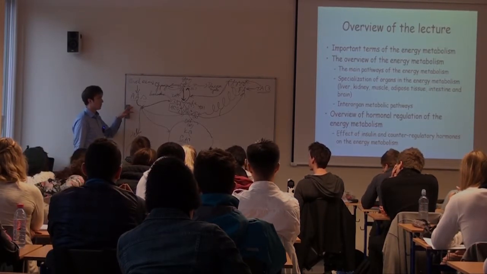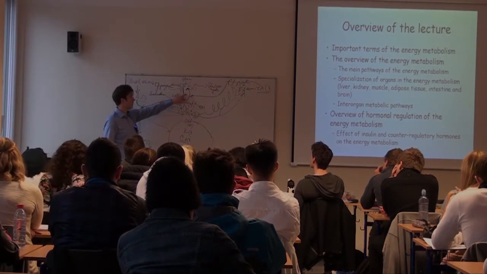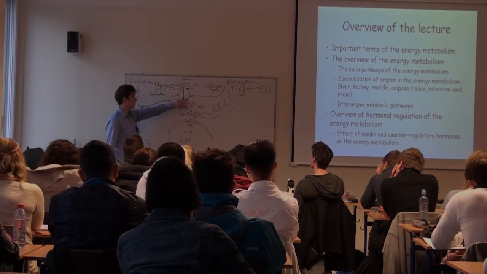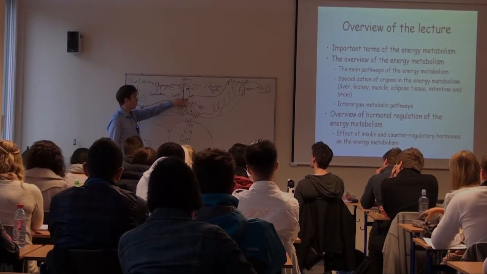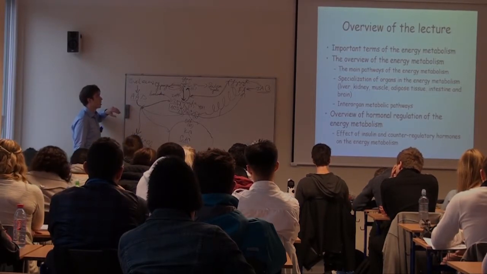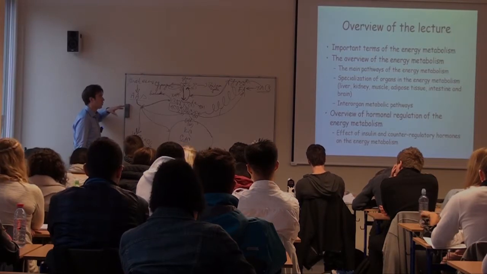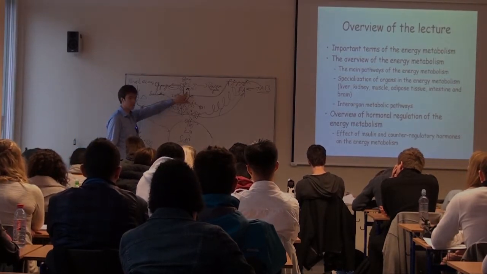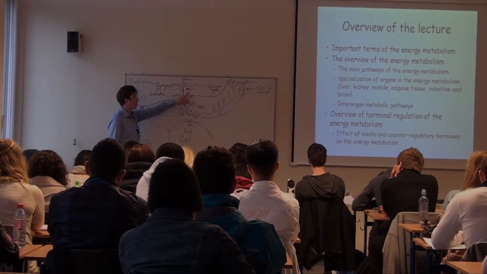That's about kidneys. Another important position in intermediary metabolism is that this pathway, the gluconeogenesis, is localized not only in liver, but also in kidneys. About 10% of the total gluconeogenesis capacity is localized in kidneys. So that's important. About 85% in liver, about 10% in kidneys.